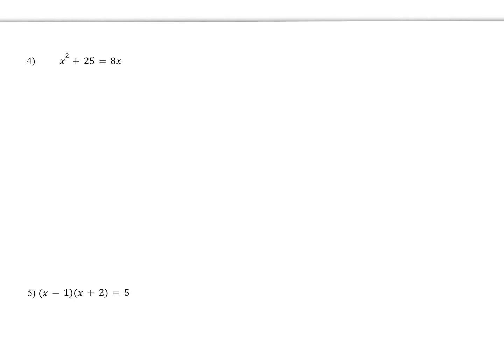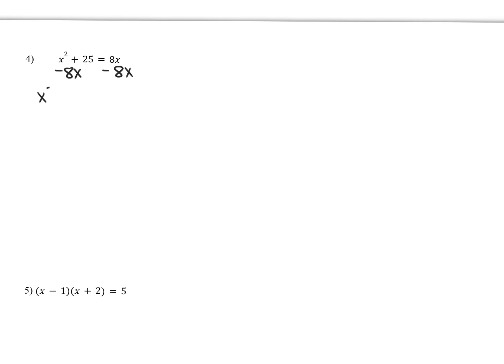So the next example, x squared plus 25 equals 8x. So again, I have to get it equal to 0, so we're going to subtract 8x from both sides. So we get x squared minus 8x plus 25 equals 0. So a equals 1, b equals negative 8, c equals 25.